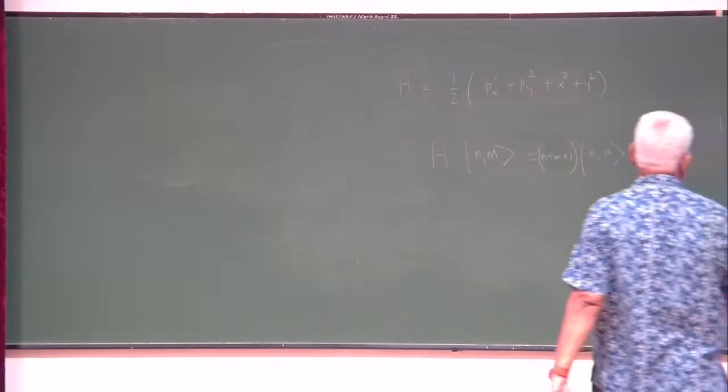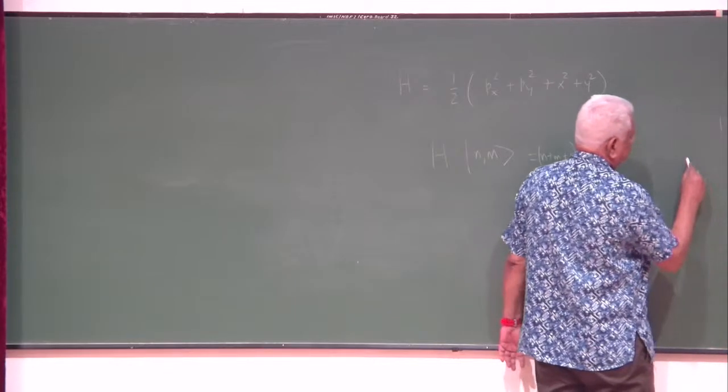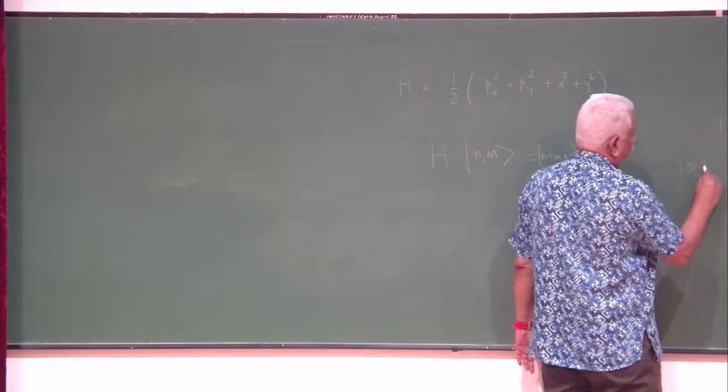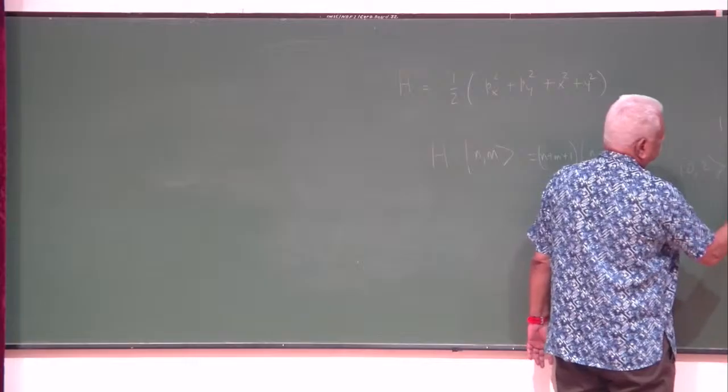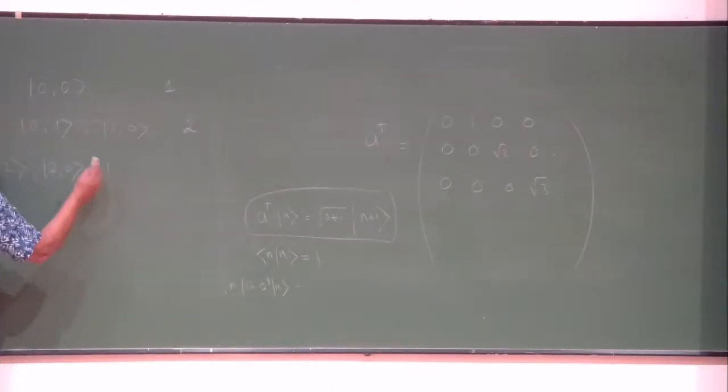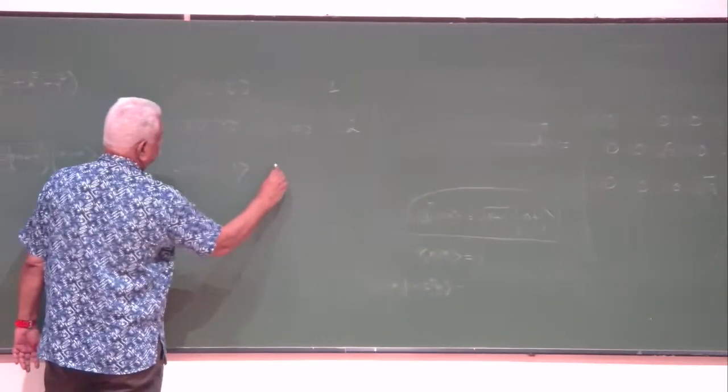From this exercise I am going to do several things which will matter tomorrow and the day after, as well as for angular momentum. So let me go further down. What is the next one? 0 2, 2 0, and then 1 1.